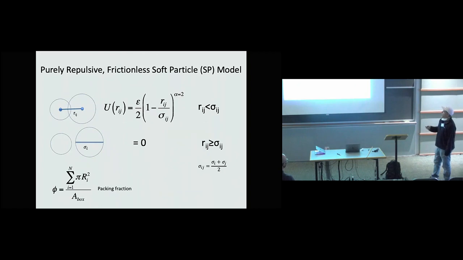And if the disks are not overlapped, there's no energy, there's no forces. A key parameter in this problem is the packing fraction, which is just the sum of the areas of the particles divided by the area of the box. And there are no tangential forces. These forces just act normally, as center-to-center forces.